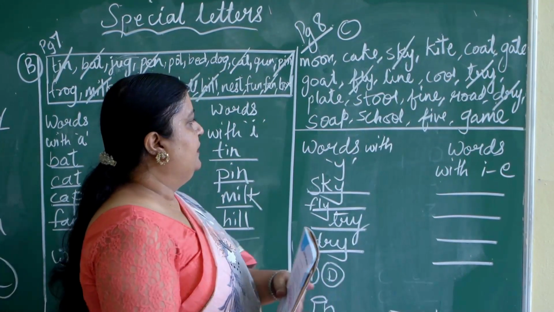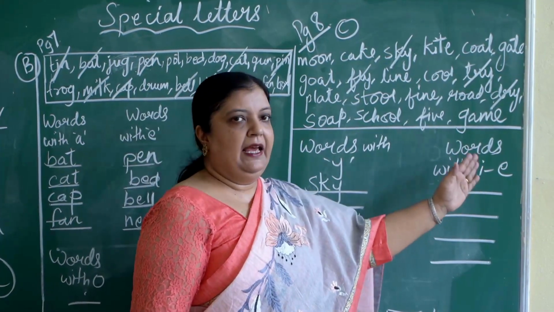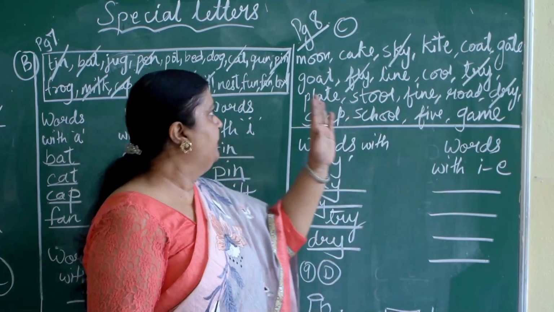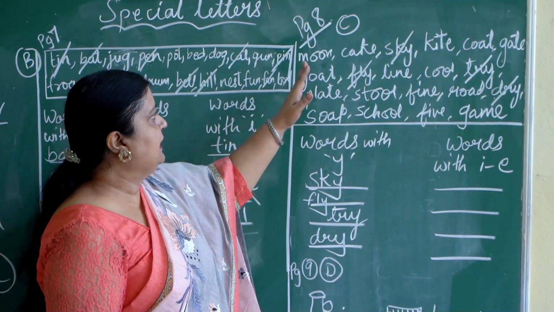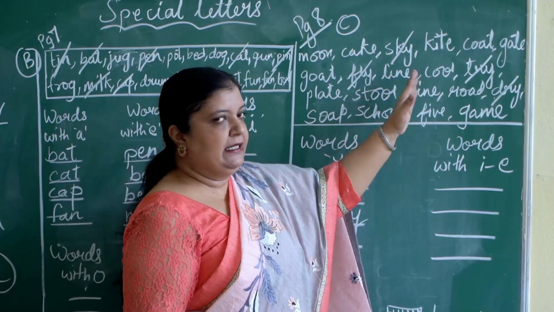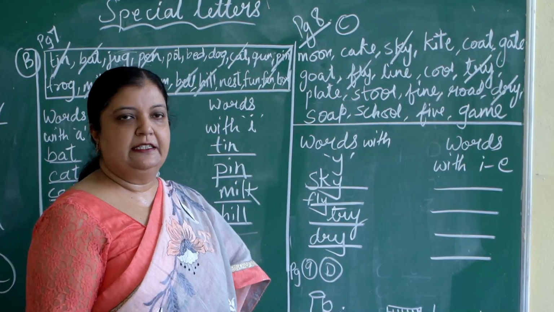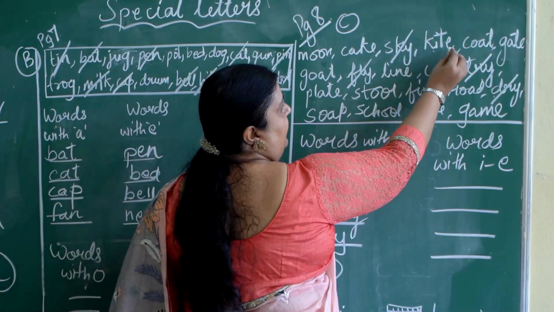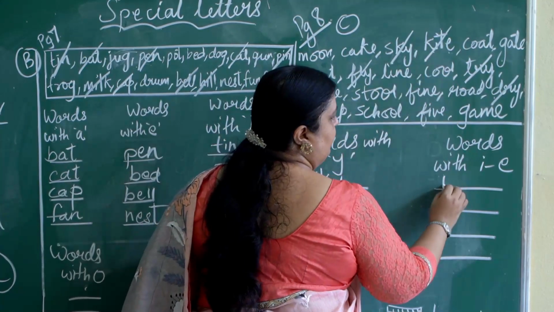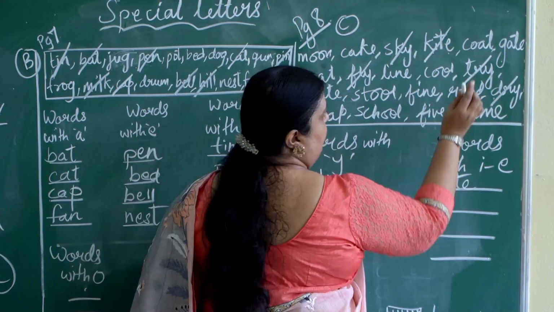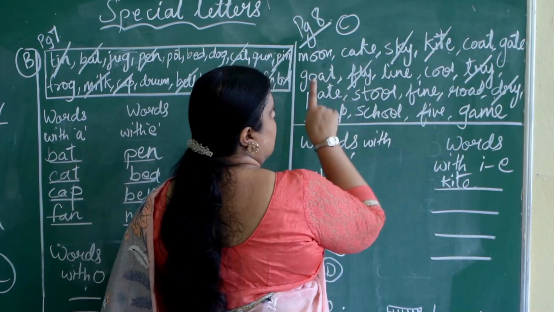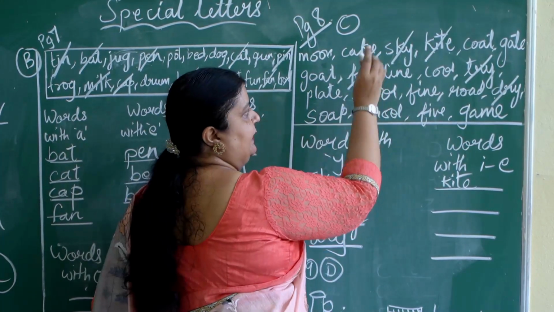Okay. Now, the words with I and E. Now, moon, cake, kite. Kite has 2 special letters, I and E. Then coat, gate, goat, line.